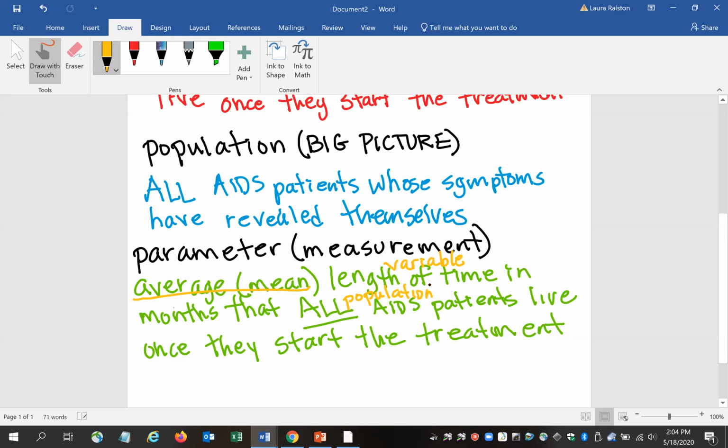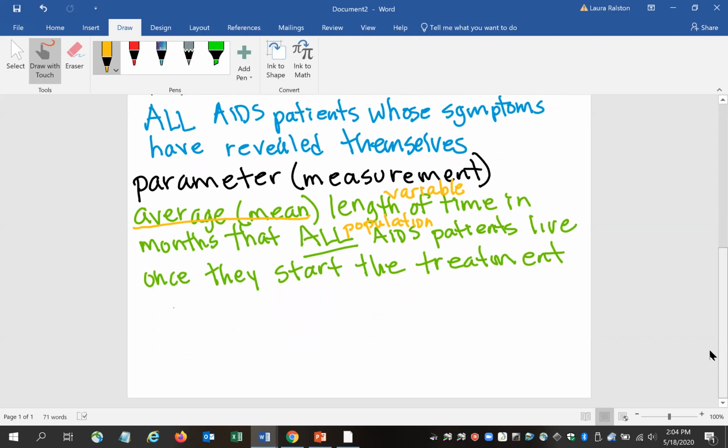So when you're describing the parameter, you got to tell me the measurement that you're using for the variable for the population. And we'll look at how it's worded in the homework problem in just a minute.